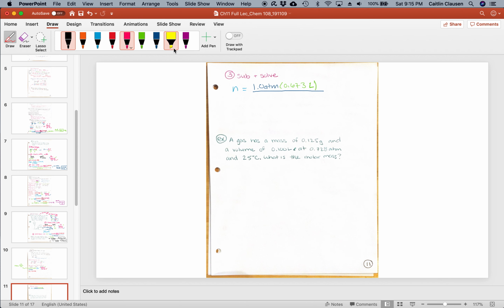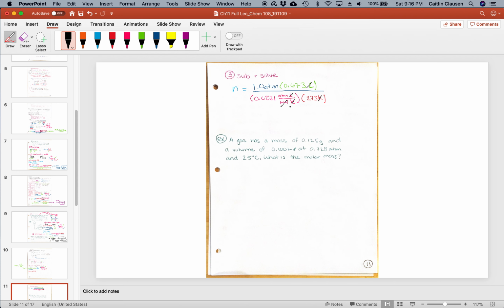Divide all of that by R, which is atmosphere liters per mole Kelvin. And then also on the denominator is 273 Kelvin. Kelvins cancel. Liters are numerator down here, which means if I were to bring them up here, they'd flip, be on the denominator, so these cancel.